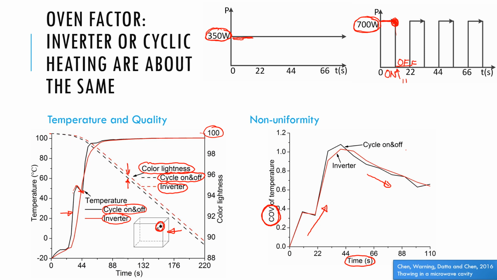Which means even the non-uniformity is kind of similar. So the conclusion is that cycled and continuous power gives about the same results. If you are interested in more details about this, you can follow up here in the complete research paper.